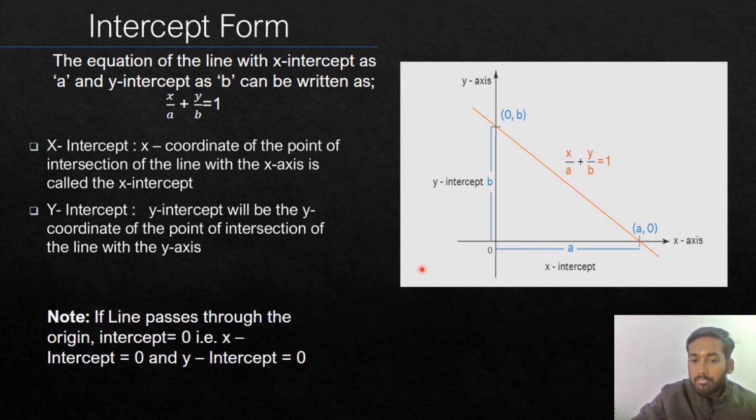Now let's talk about an interesting point. When the line is passing through the origin, then the intercepts we find are 0. So the x-intercept and y-intercept both are 0.